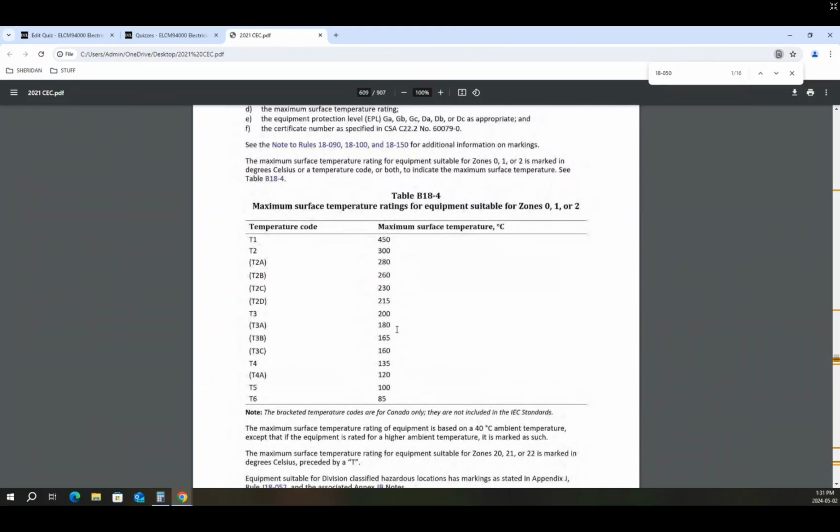Because we're at 175, so we can go maximum surface. Temperature code. If the maximum surface is 180, that's T3A, and we have 175.